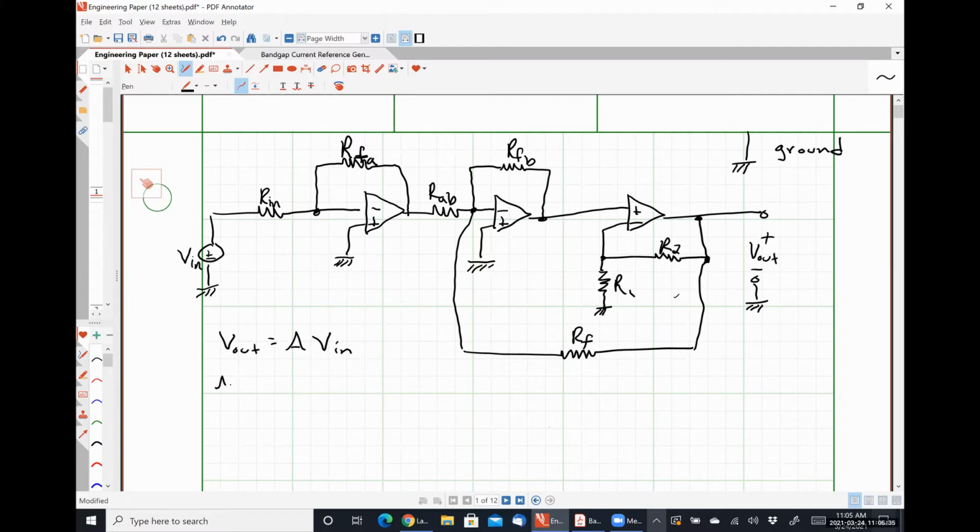So no current flows in. And you also have to remember that the voltages at each input terminal have to be the same. Voltage at input terminal.